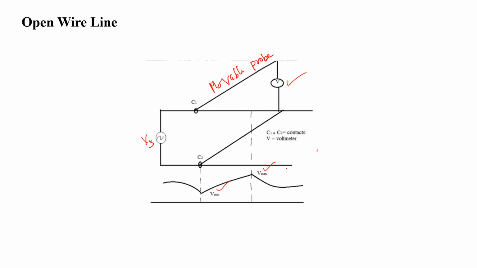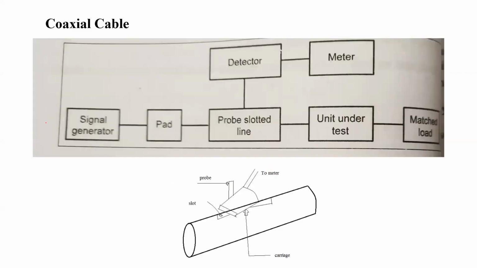By tabulating the values along the length of the transmission line, we can ensure which is the maximum voltage and which is the minimum voltage. Once this is known, by making use of the formula VSWR is equal to Vmax by Vminimum, we can directly find the value of VSWR. This method is called the open wire line method of measurement of VSWR.